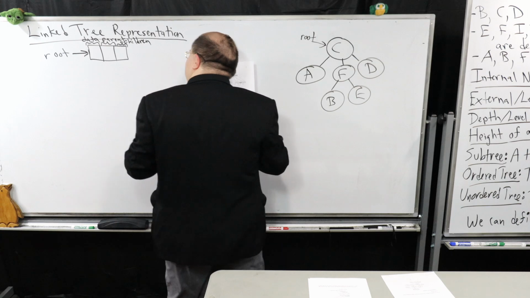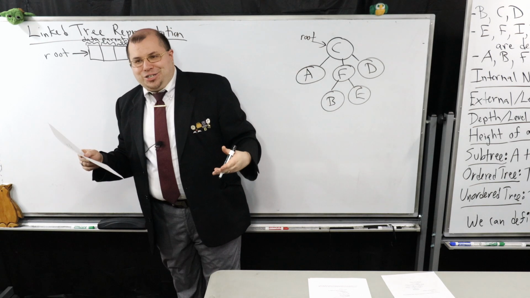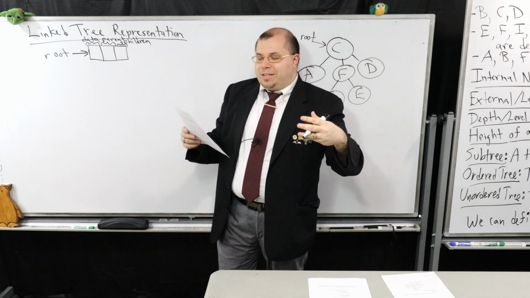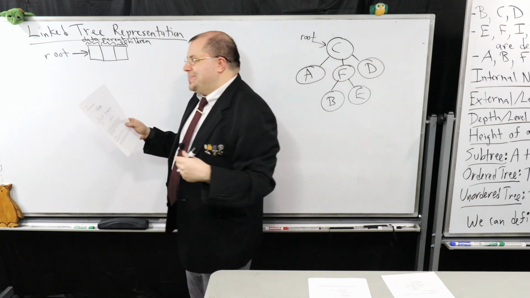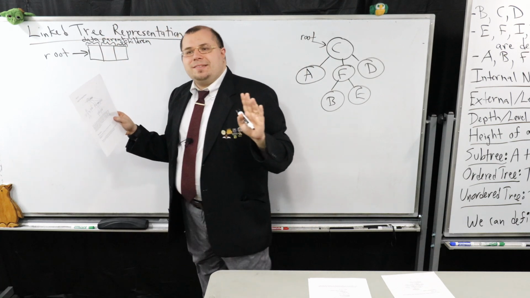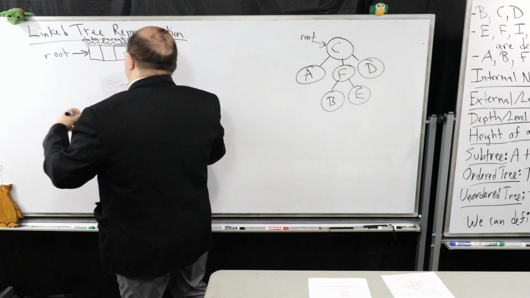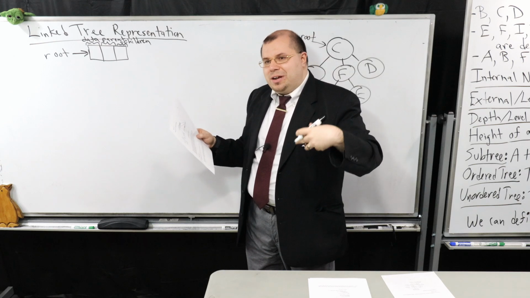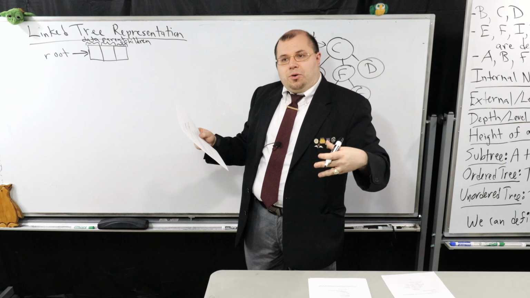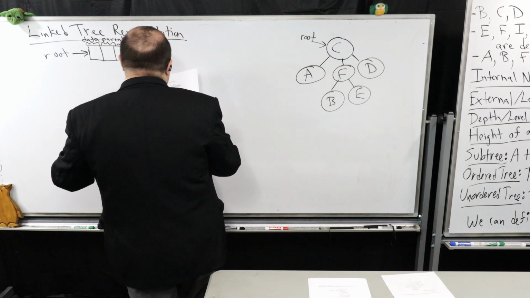But the third attribute, the children, is going to be a pointer to a collection that's going to contain pointers to nodes that are its children. Usually for our purposes in this class, we'll just think of it like an array. But I must stress that you can take any one of the data structures we talked about, like a list, a vector, any of those kinds of collections, you can always put them in for what we're talking about here when I draw it in a moment.